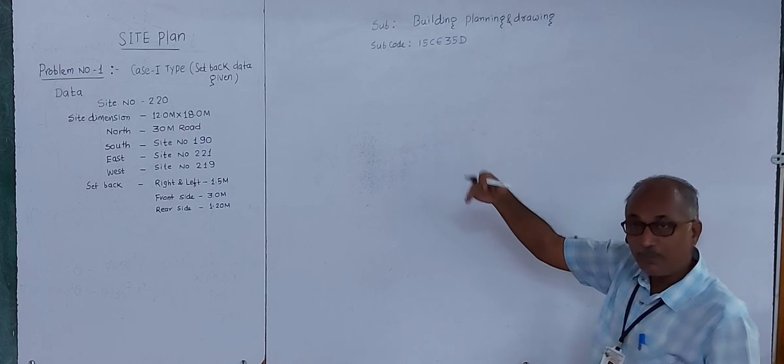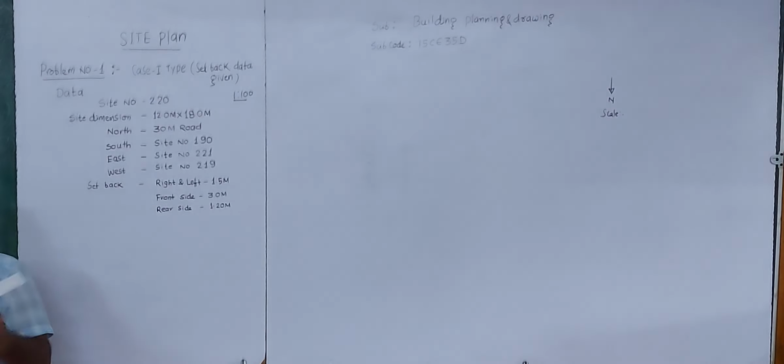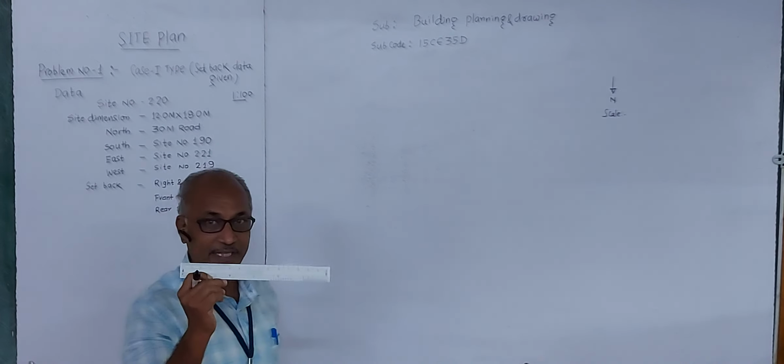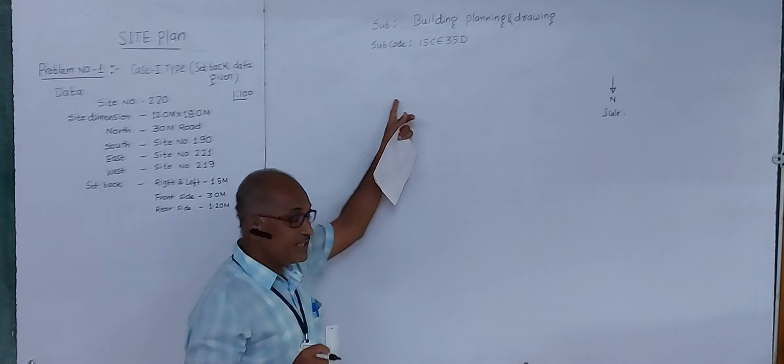According to the given scale, suppose the question paper has given the scale as 1:100, then you have to consider the M4 paper scale. The M4 has 2 scales, 1:100 and the second one 1:50. Since 1:100 is given, you have to take the M4 paper scale when you draw the site plans.